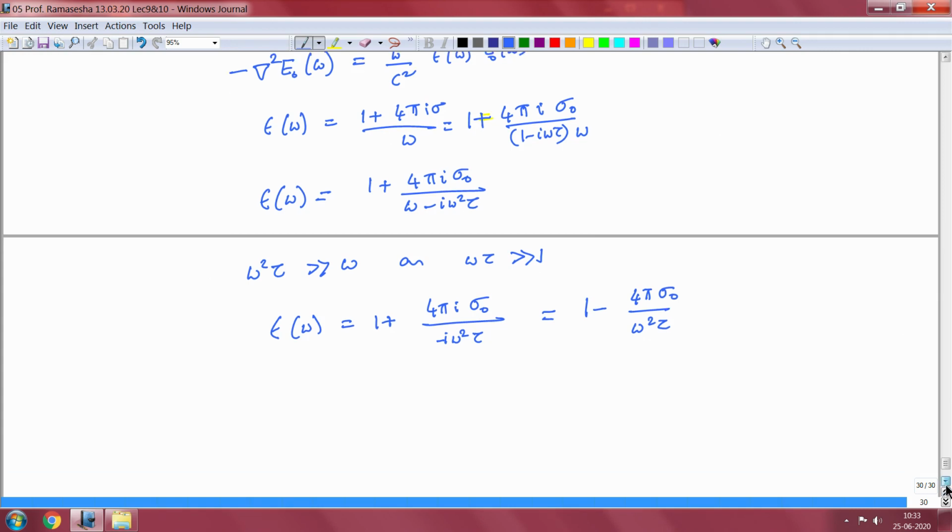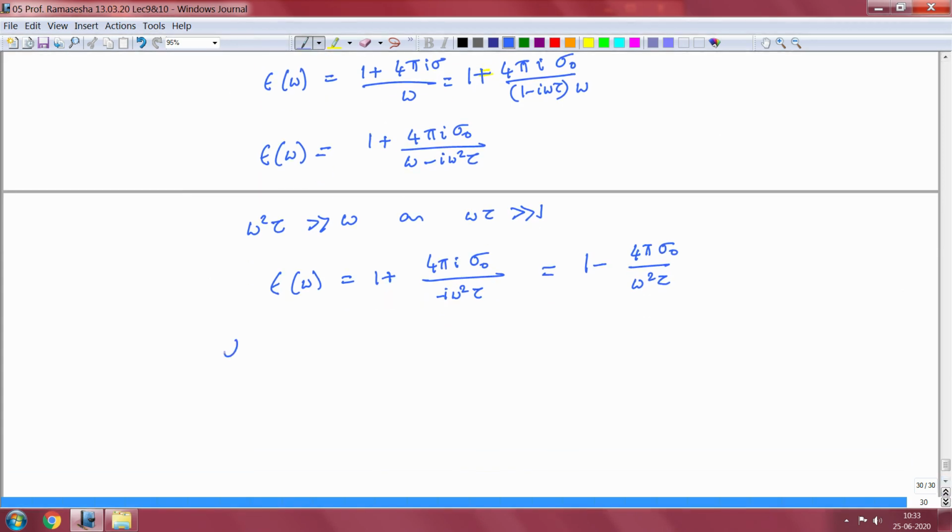Well, this can be simplified further by noting that sigma naught is equal to Ne squared tau by m, and if we substitute for Ne squared tau by m, then what we will get is epsilon of omega is equal to 1 minus 4 pi Ne squared tau by m omega squared tau.